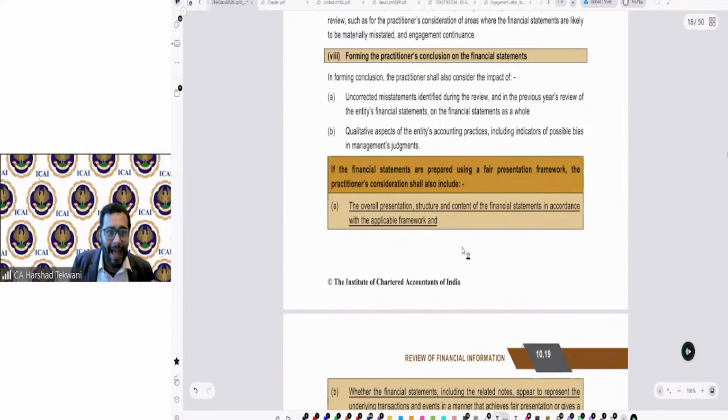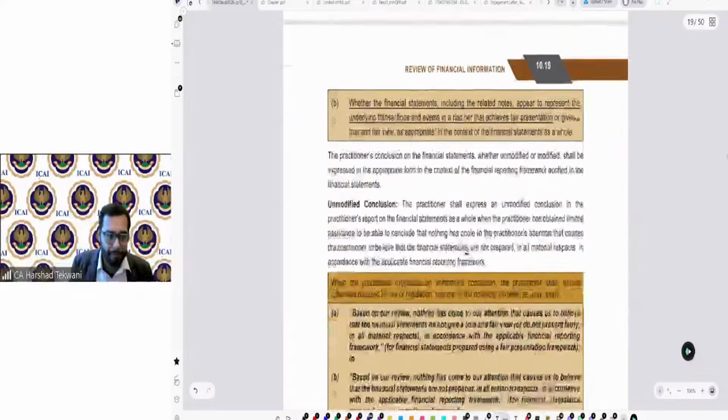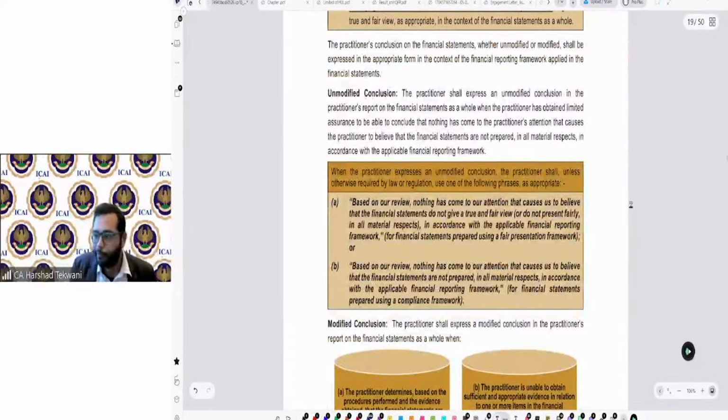And what that says is that when you are issuing an unmodified conclusion, that is clear, no issues have been identified.